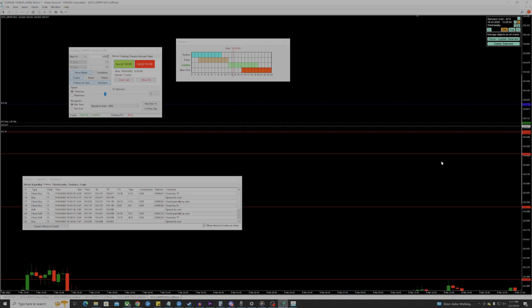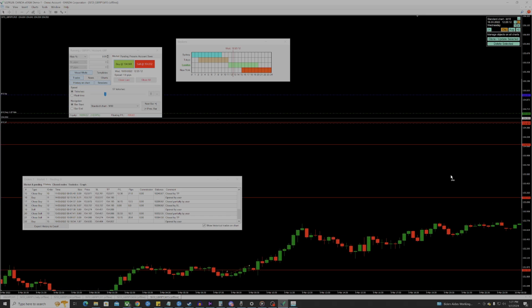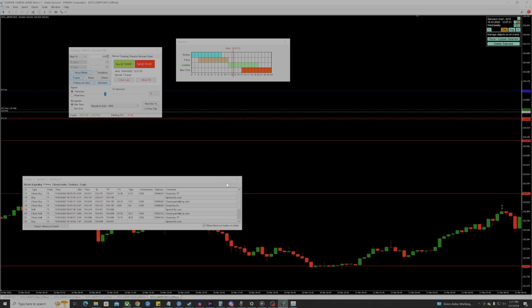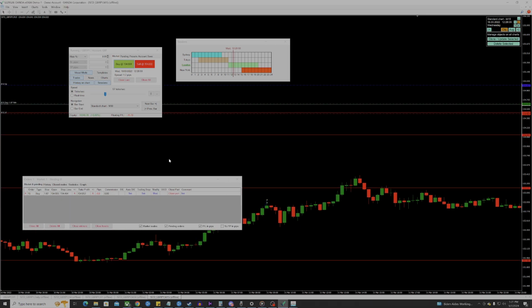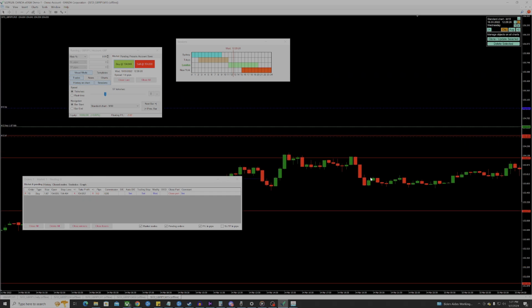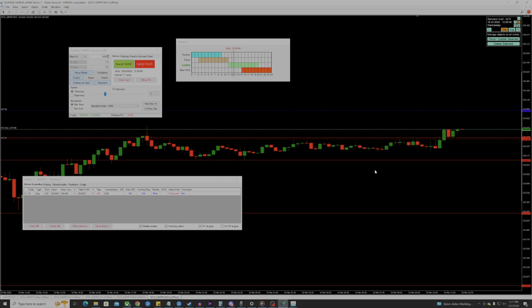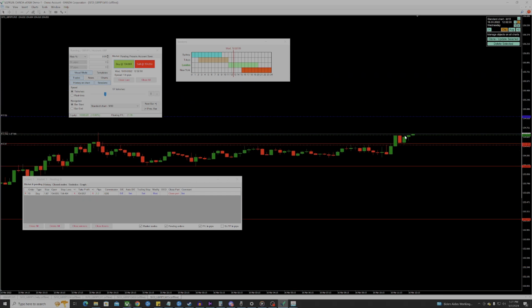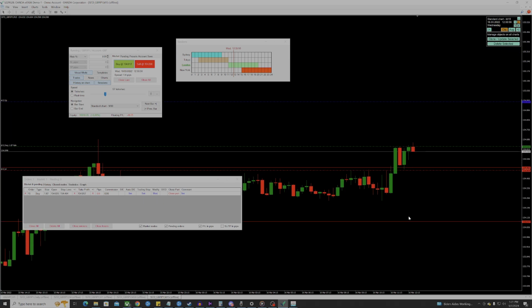But I'm keeping an eye on this white line. And let me go here too. And that closed bullish, so that's a really good sign. Really, I could bring my stop up to reduce my risk, but I'm gonna leave where it's at.